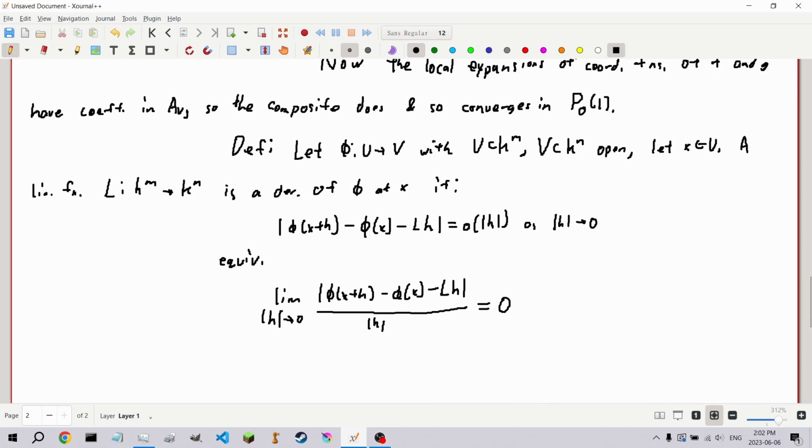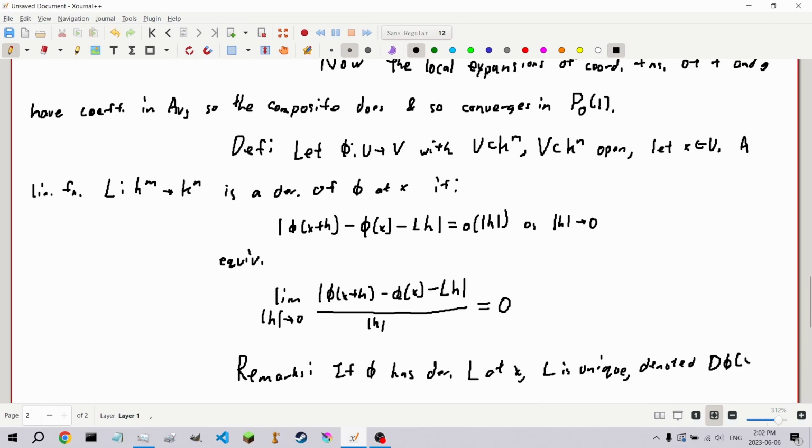Remarks. If phi has a derivative L at x, L is unique, denoted d phi at x.